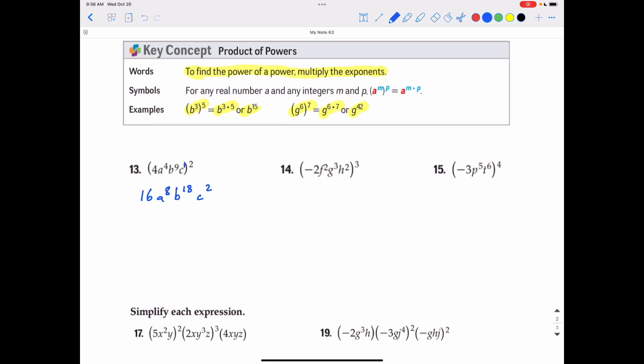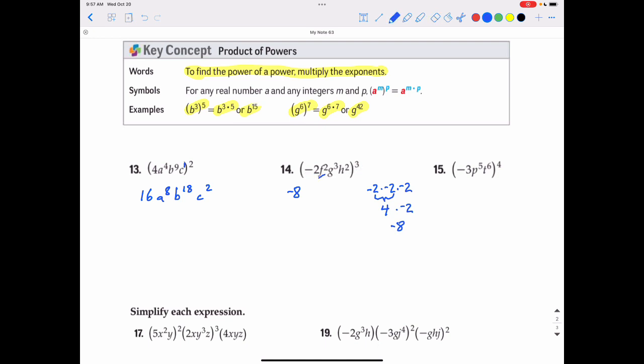14. Again, negative 2 is an integer, it's not an exponent, so we are going to take negative 2 to the 3rd power. So what is negative 2 to the 3rd power? Well, that means negative 2 times negative 2 times negative 2. When you multiply the first 2 negative 2's together, you get a positive 4. But then when you take it times the last negative 2, positive 4 times negative 2 is negative 8. So that would be negative 8 when we take negative 2 to the 3rd power.